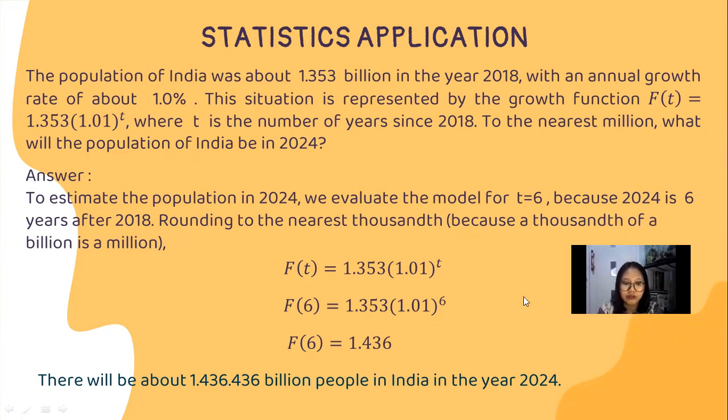So we write down the function f(t) = 1,353 × 1.01^t, and then we substitute 6 for t and multiply it. So there will be about 1,436.436 billion people in India in the year 2024.